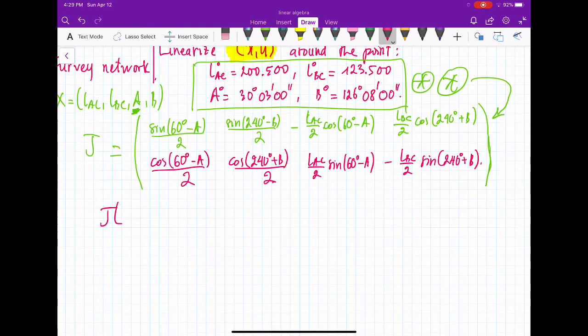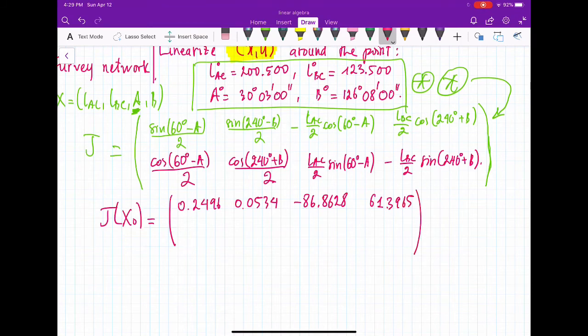Okay, so if you plug everything into this Jacobian, you have the following one. The Jacobian at x0 equals. You do the computation, I just write the result, okay? 0.2496, 0.0534, negative A6, 0.8628, 61.3965. That is the first row.